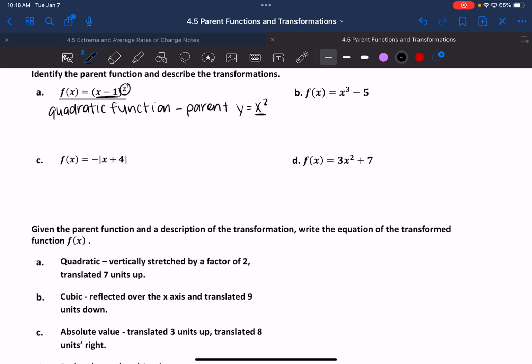In this particular case, it says minus 1, so that means it's going to move to the right. Good. So when we're describing the change, we would say that it moved right 1. That's all they want you to do on this section. So I want you to try doing B, C, and D, and then we're going to share our answers in just a minute. I'll give you a moment to answer B, C, and D.